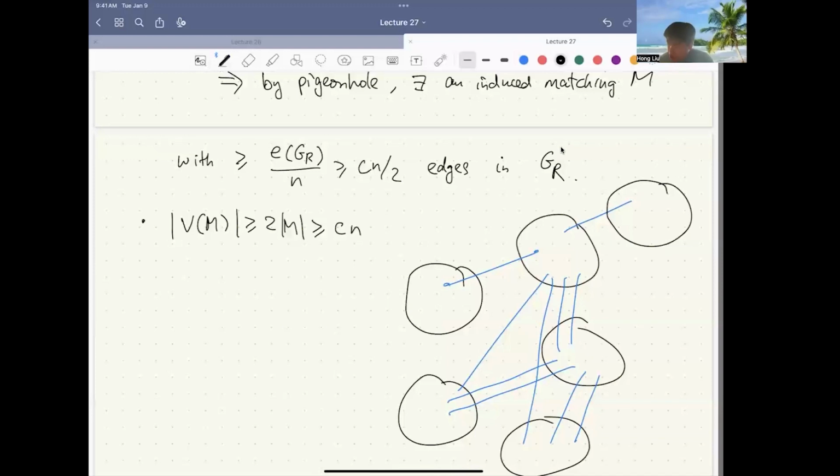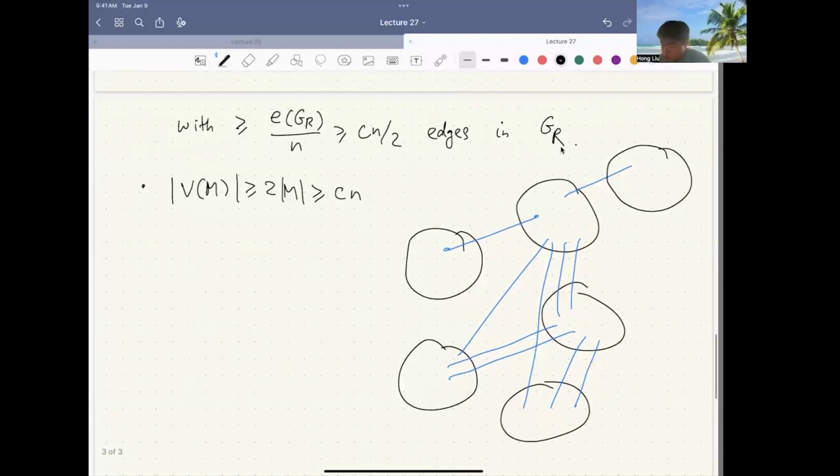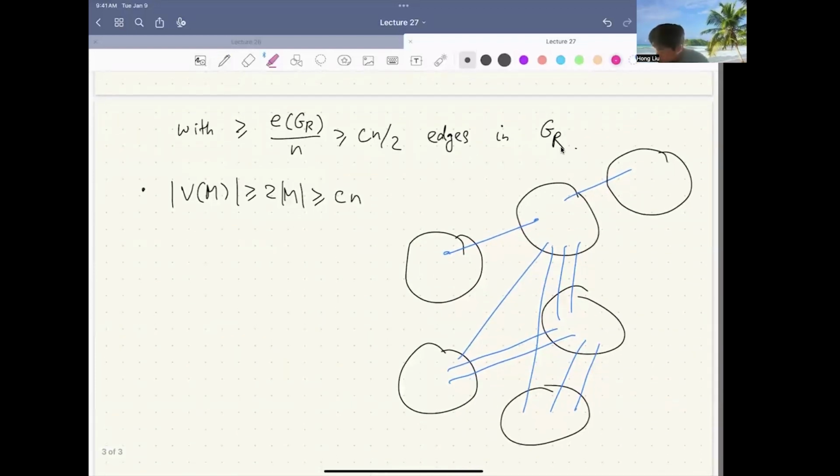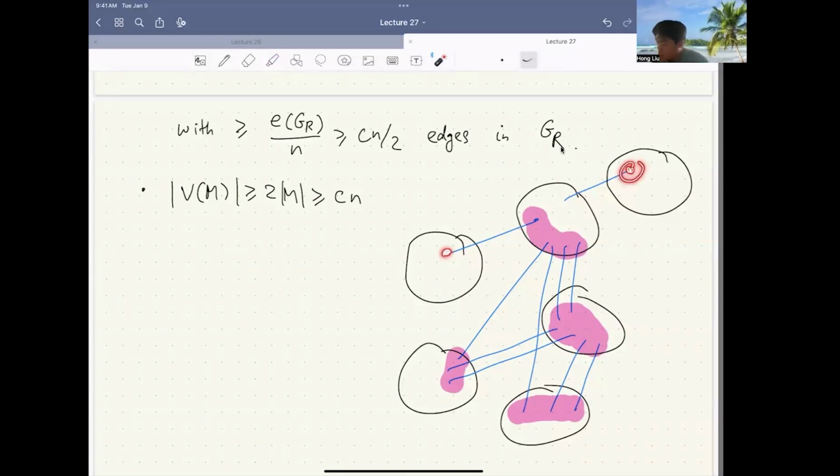Now we look at this intersection. We only care about, for each cluster, the part intersecting the matching M. Some parts intersect very few. We throw away those parts.